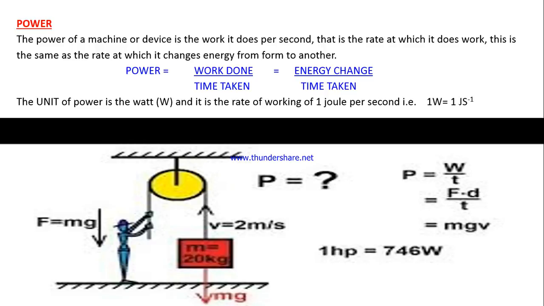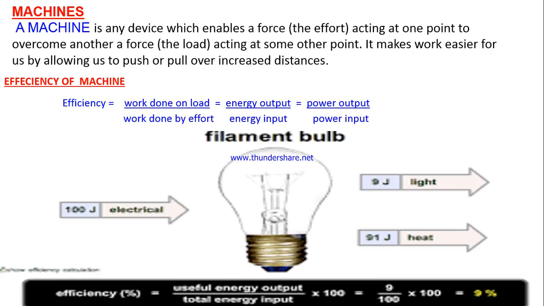And so, depending on how much time is taken to do the work, that determines the power. So if you do the work in less time, you use more power. If you do the work in more time, it's actually less power, right? So that determines a lot about the efficiency of your machines, right?